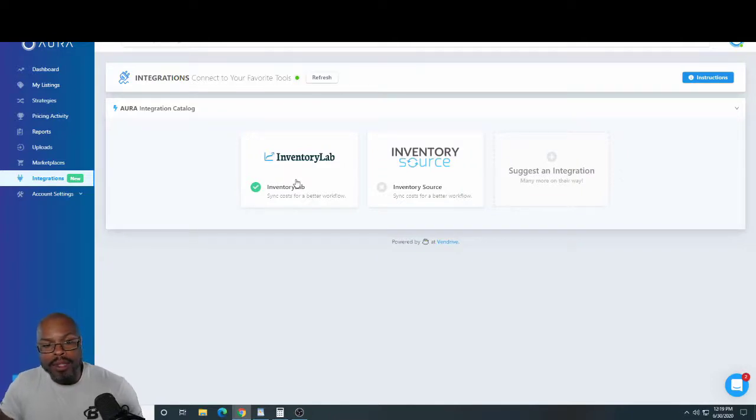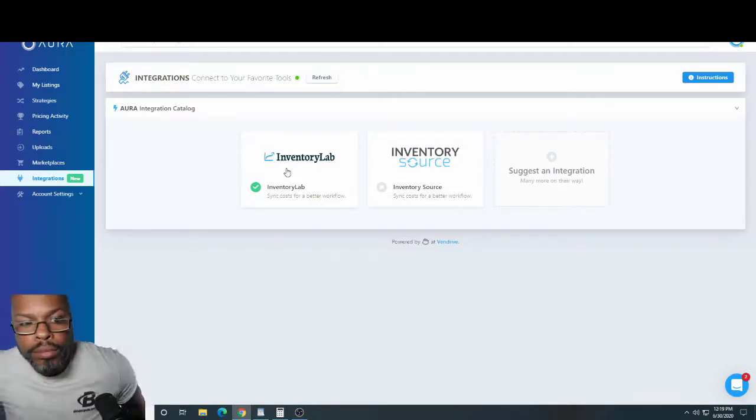Well, right in Inventory Lab, you can put your minimums, your maximums, and you can have that automatically going out to Aura. So all of this is happening automatically. And Dylan, the guy that created this software, is such a nerd, and one of the things that he loves is automation. He wants as little as possible that you have to do.